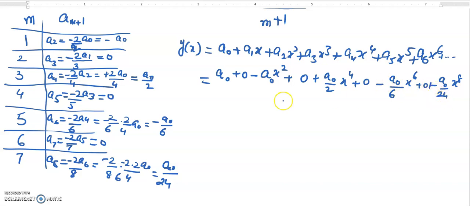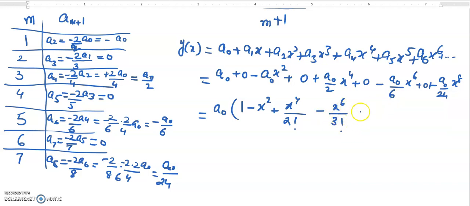So we can take A naught as common: 1 minus x square plus x power 4, and this 2 I can write as 2 factorial, and then minus x power 6 over 3 factorial, so we can already see the pattern, and then plus x power 8 over 4 factorial, and so on.